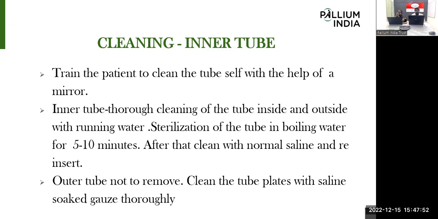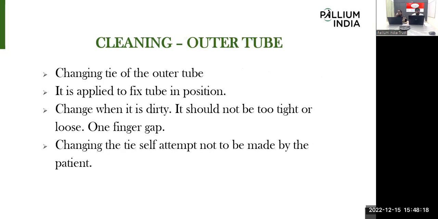The outer tube does not need to be changed or removed by the patient. We also don't encourage the patient to change the ties. There are two ties, one on each side of the tracheostomy tube, fixing it securely in the tracheostomy area.